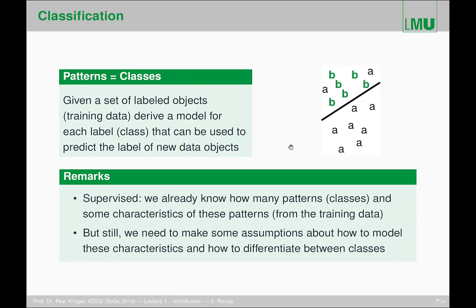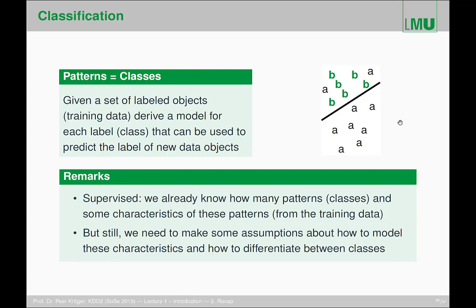So that's the basic task, and since it's supervised, we already know a little bit about the patterns, about the classes, and especially some characteristics of these patterns, because we already know some training data. But of course, this is not complete. The training data may be a bad sample, and there may be other training data which is much more important to derive the model from.